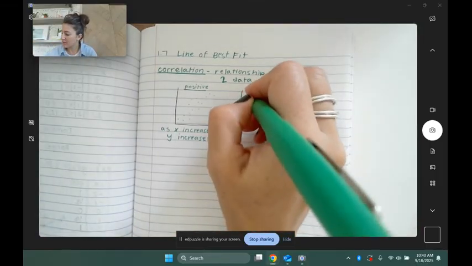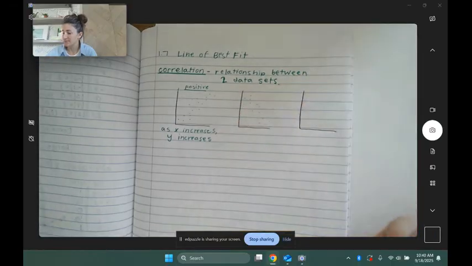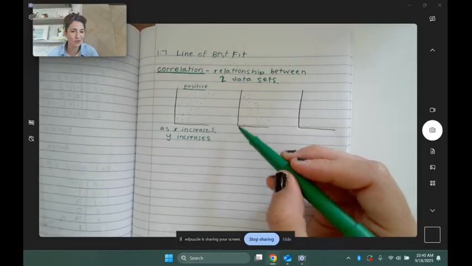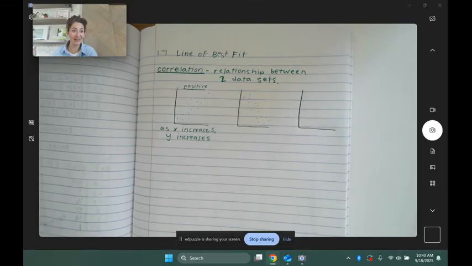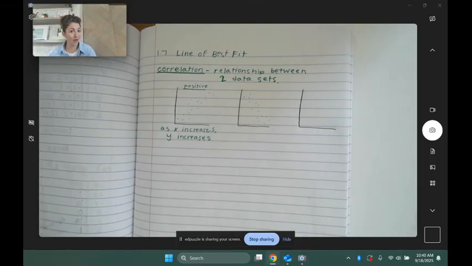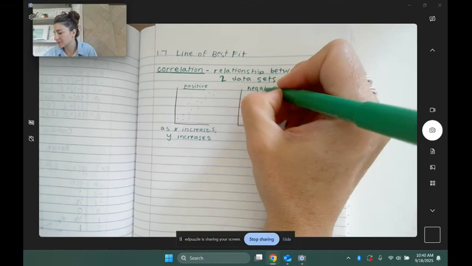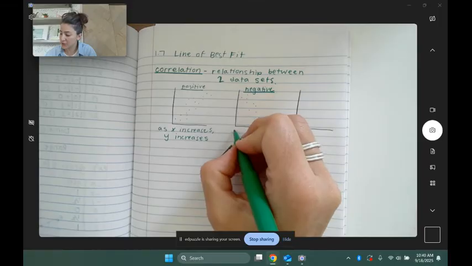Then you could have something that is falling down. For example, your age and the number of teeth you lost that year generally goes down as you get older. This would be a negative correlation. It's just the opposite.